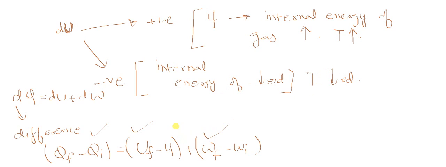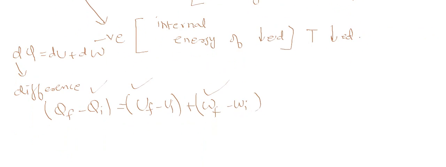And if there is no change in volume, we'll understand what is isochoric process and everything later on. For this, you'll have to just understand this first law of thermodynamics.